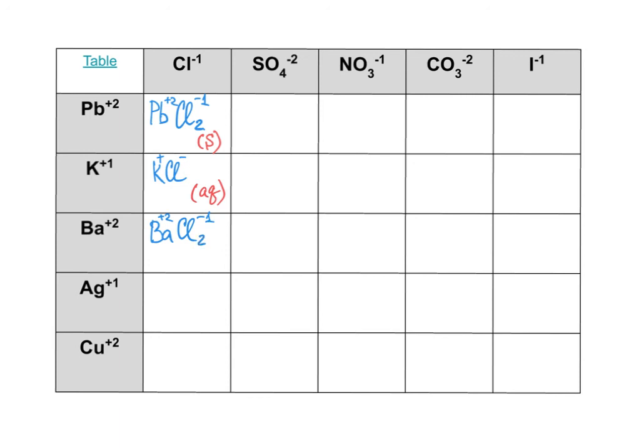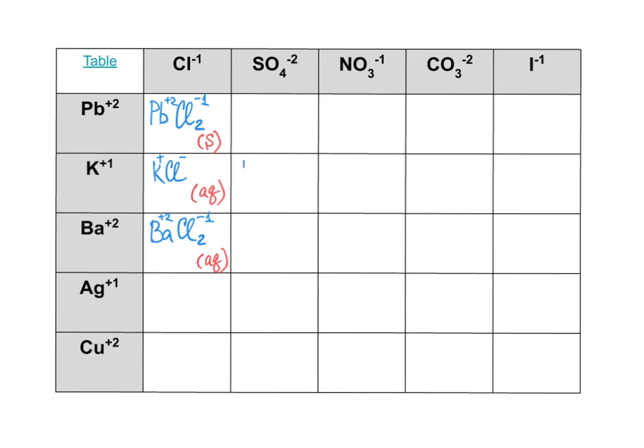Two chloride ions are needed for this formula to be electrically neutral. Now, let's analyze our chlorides, usually soluble. Barium is not an exception. So we can say that this is going to be an aqueous solution.